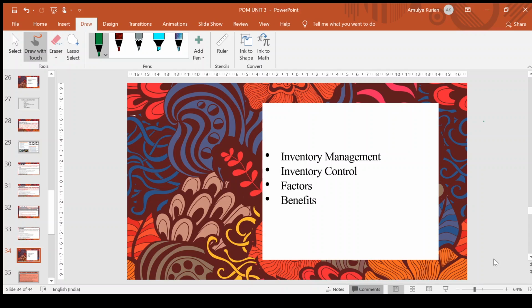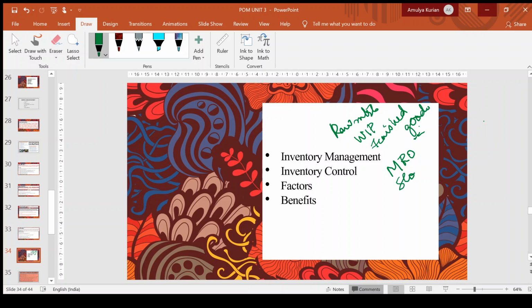So coming back, what does the term inventory mean? It includes raw materials, work in progress, finished goods, MRO, that is maintenance, repair, and operating supplies, then stores and spares.